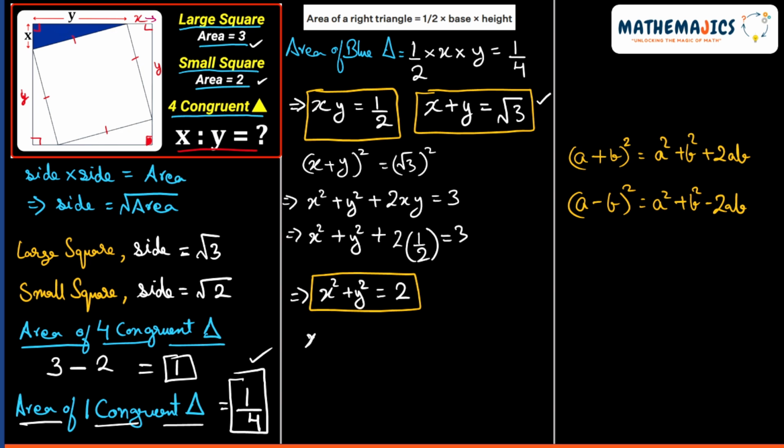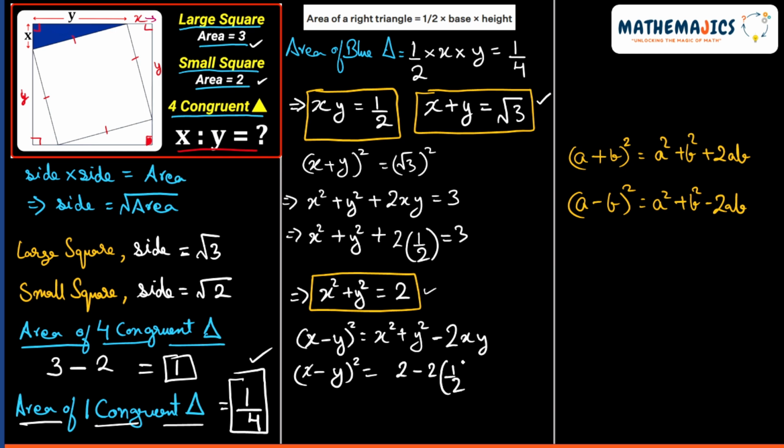So (x − y)² gives us x² + y² − 2xy. So (x − y)² equals, what is the value of x² + y²? That is 2. What is the value of xy? That is 1/2. Correct? Now solving this, what we got? We got 1. That means the value of x − y is 1.